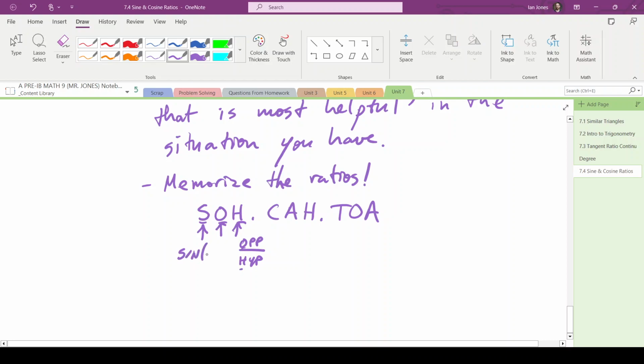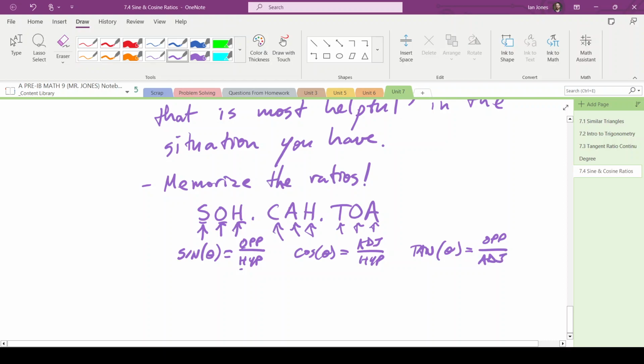So I should have sine of an angle equals. Cosine of your angle equals adjacent A over hypotenuse H. And the last one, T, tangent of theta equals opposite over adjacent.